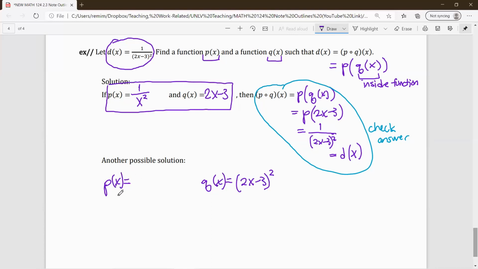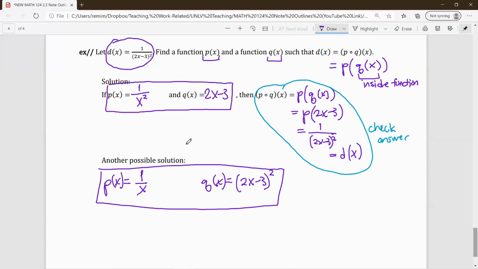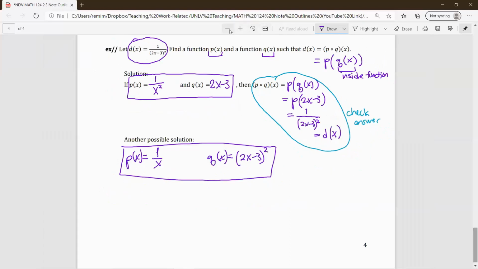So to come up with my outside function, p of x, I just rewrite this, but I'm going to replace the 2x minus 3 quantity squared, I'm going to replace that denominator with x. And we can check that one as well, but I will tell you that it's going to come out correct.